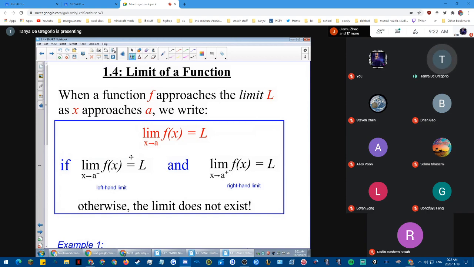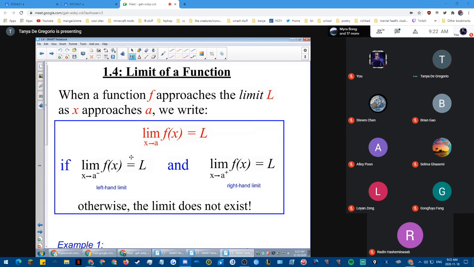So, when a function f approaches the limit L as x approaches a, we write the limit as x approaches a of f of x equals capital L. That's just what the limit equals when we evaluate it.